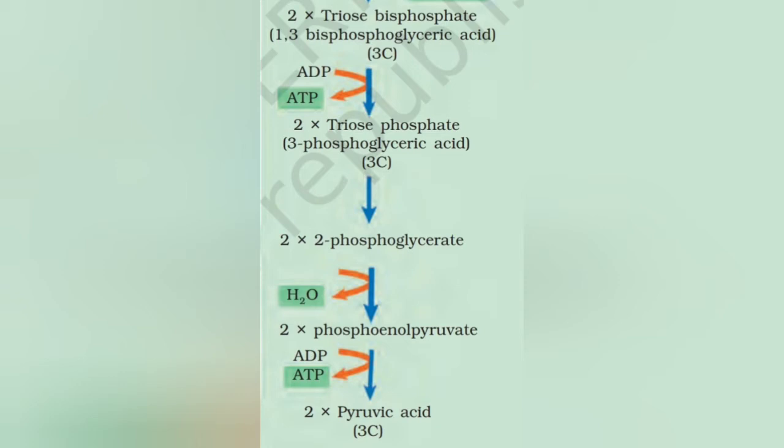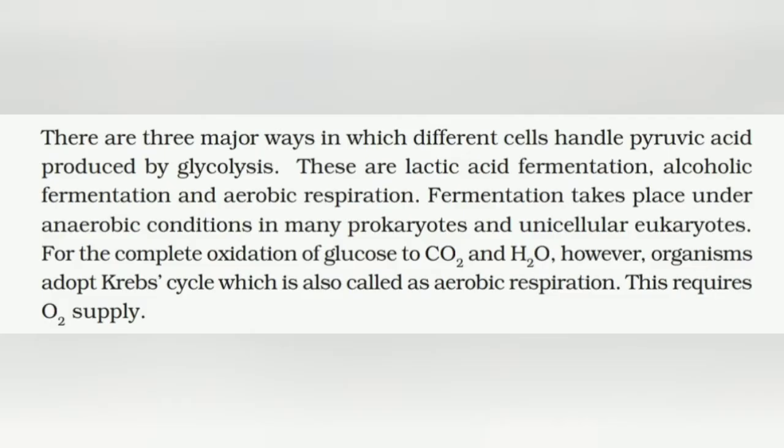Then if this BPGA converts into PGA, one ATP is synthesized, after which it forms glycerate and then pyruvate, where water is released. Now when this phosphoenol pyruvate, that is PEP, is converted to pyruvic acid, again two molecules of ATP are synthesized. So when they are utilized, they are single molecules, and when they are synthesized, they get doubled.